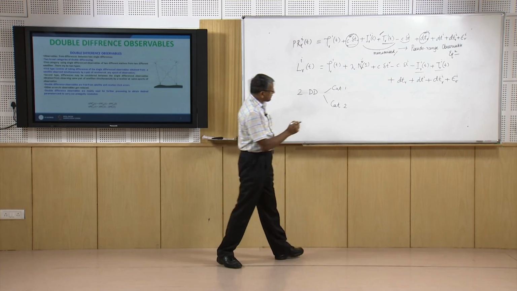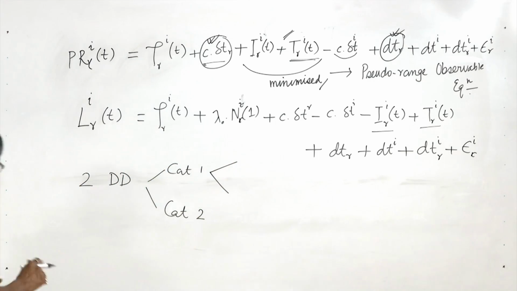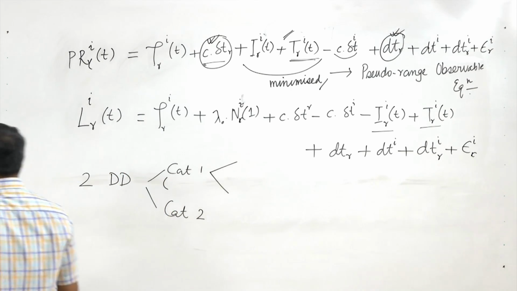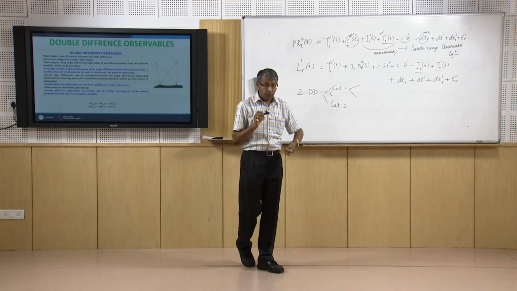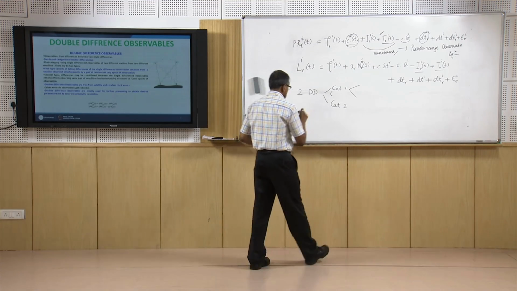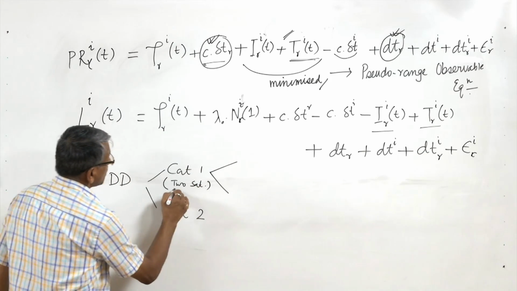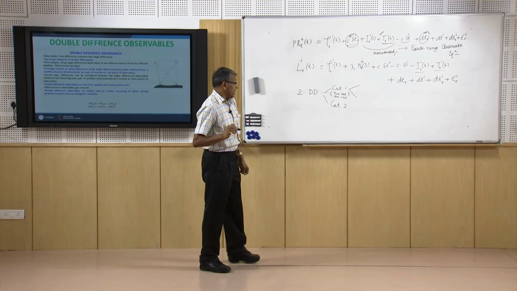Again, under category 1 there may be 2 types. In category 1 we consider signals or observables from 2 different satellites and 2 receivers.